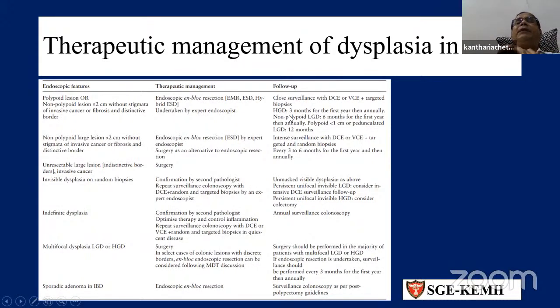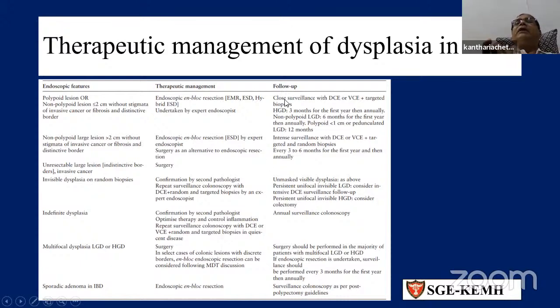Patients with high-grade dysplasia should be surveilled every 3 months for the first year and subsequently annually. Patients with non-polypoid low-grade dysplasia should be surveilled every 6 months and then annually. For a non-polypoidal lesion more than 2 centimeters without stigmata of invasive malignancy, fibrosis, or distinctive border, again go for endoscopic resection, or you are justified in doing surgery as well if you are not comfortable doing it endoscopically.